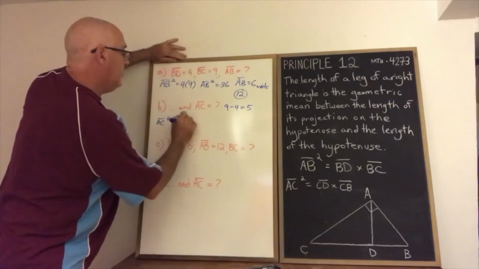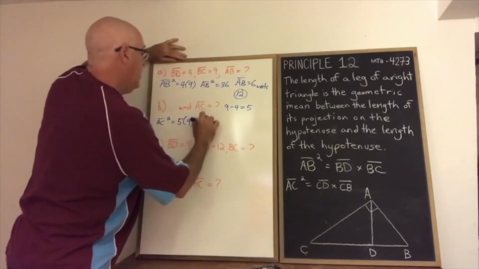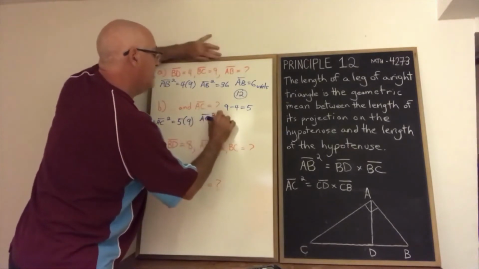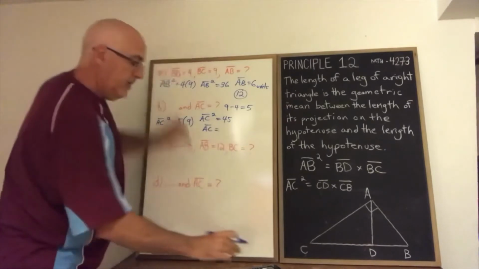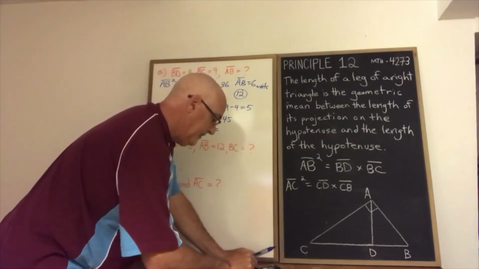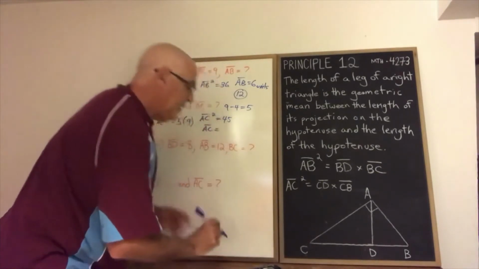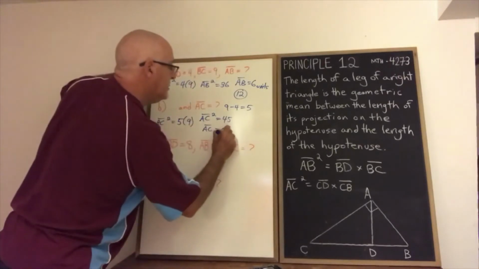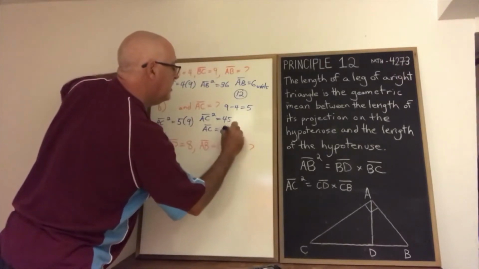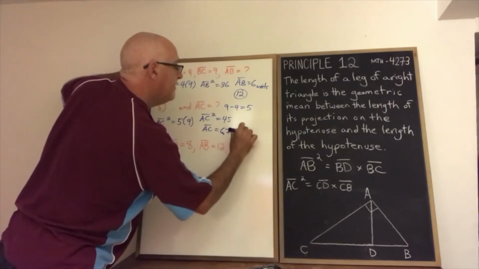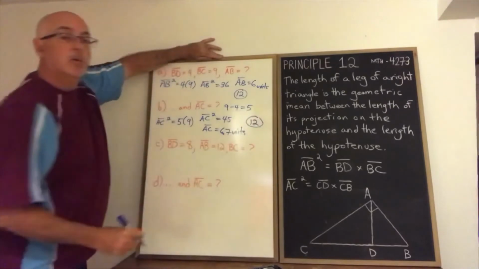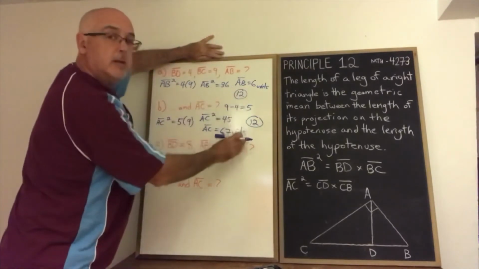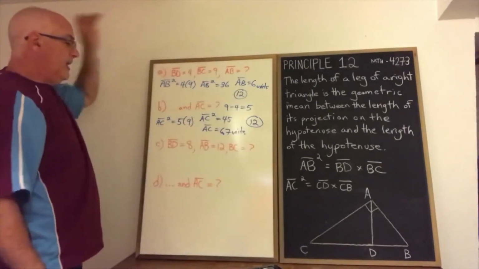So it's 5 times 9. AC squared is equal to 45, so AC is going to be equal to the square root of 45, which rounds to 6.7 units. And then I justify saying I'm using Principle 12 again. I used it more than once, I justify it more than once.